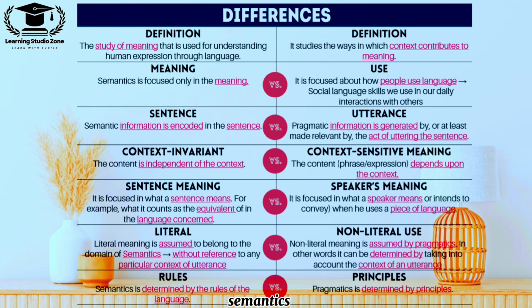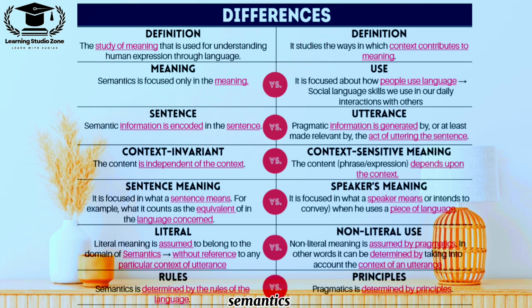Meaning: semantics is focused only on the meaning, while pragmatics deals with the usage. It focuses on how people use language, like the social language skills we use in our daily interactions with others.